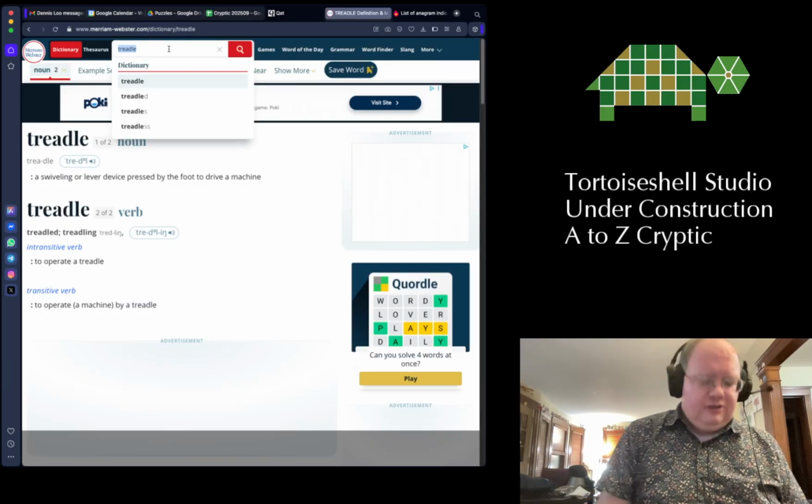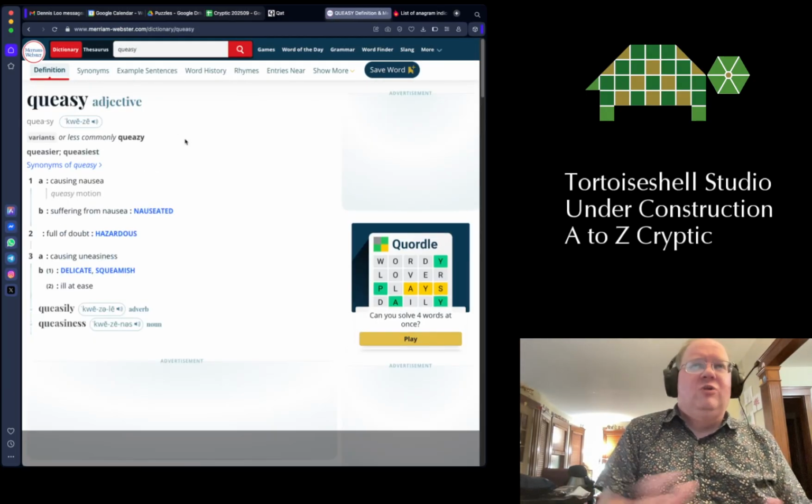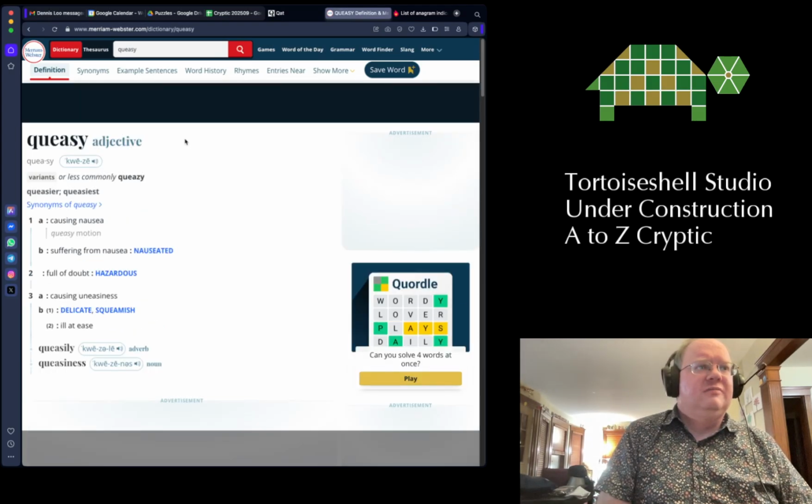Or maybe there's a good definition for queasy that will run with the surface better.